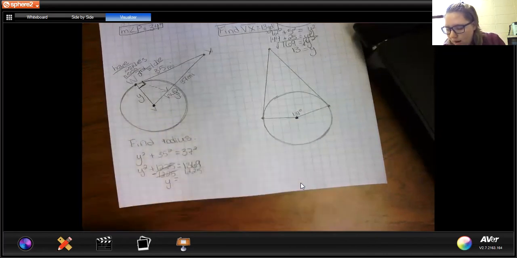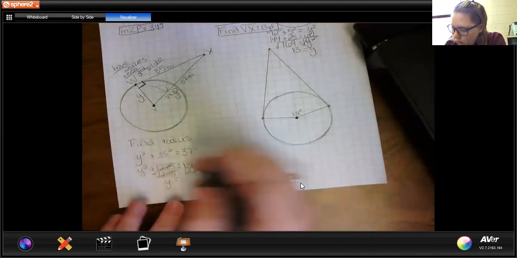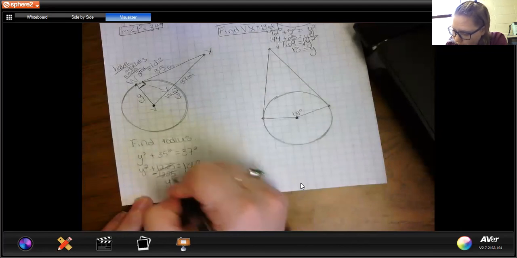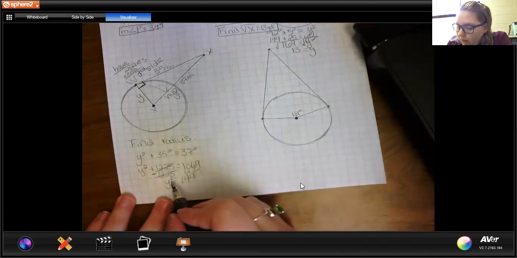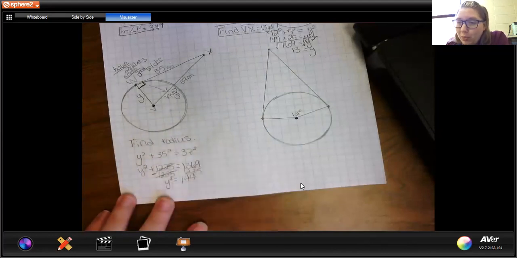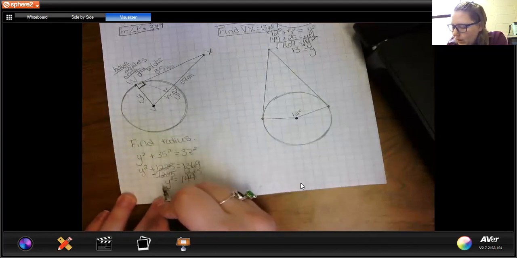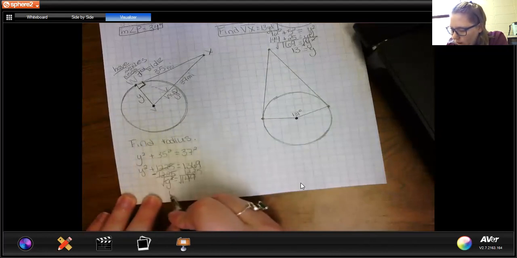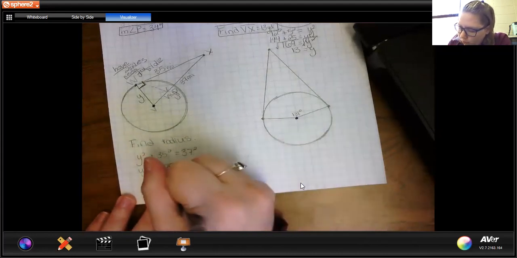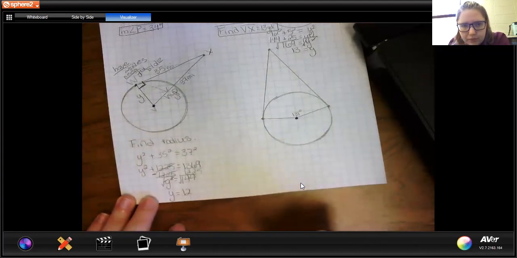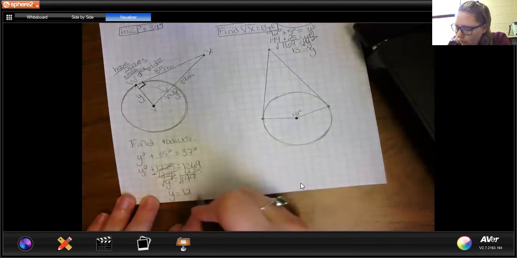And I get y squared equals 144. I don't know why I lost the squared from here to here. Now I need to get rid of the square purposely, so I square root both sides. So y equals the square root of 144, and I actually know this one: the square root of 144 is 12. So my radius is 12.